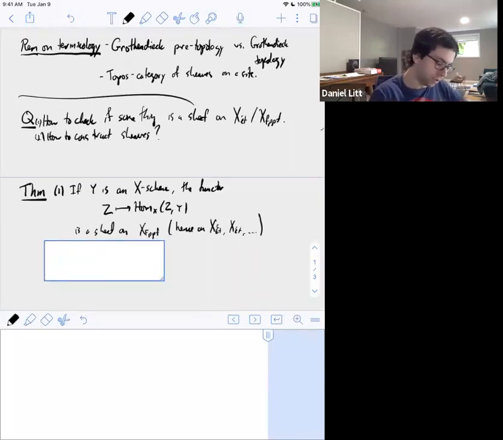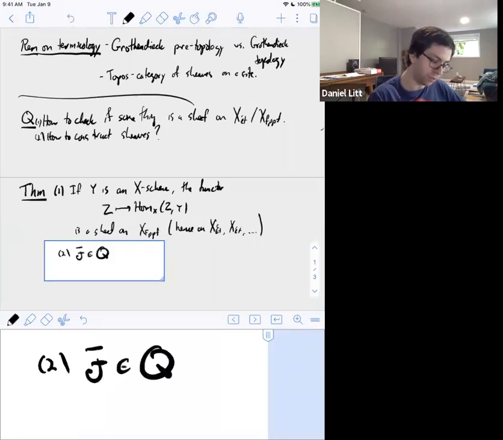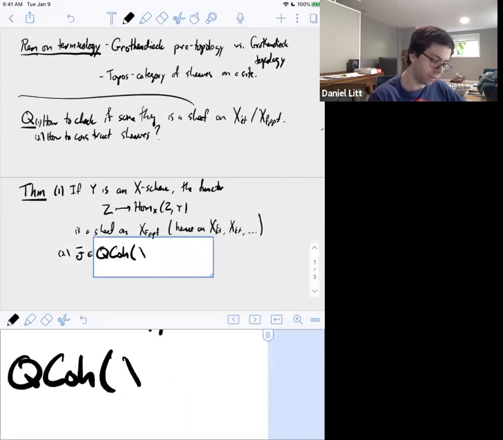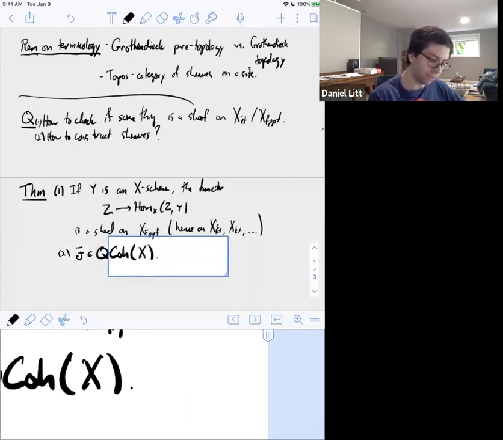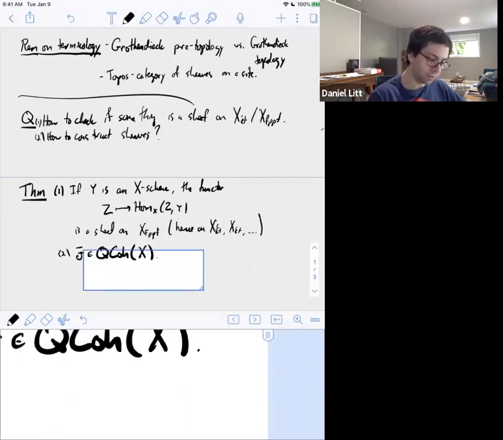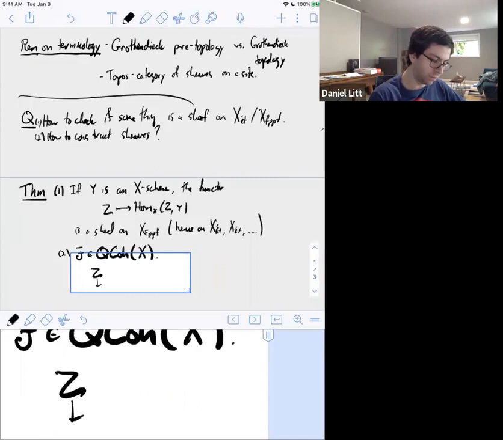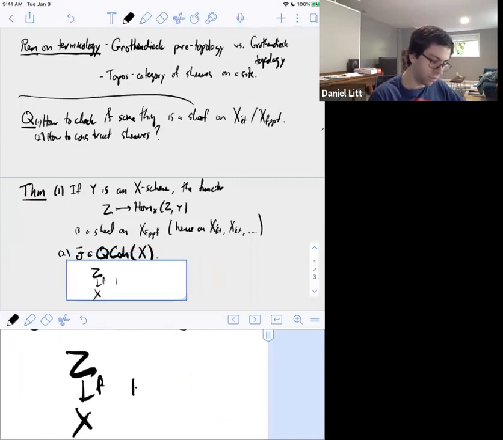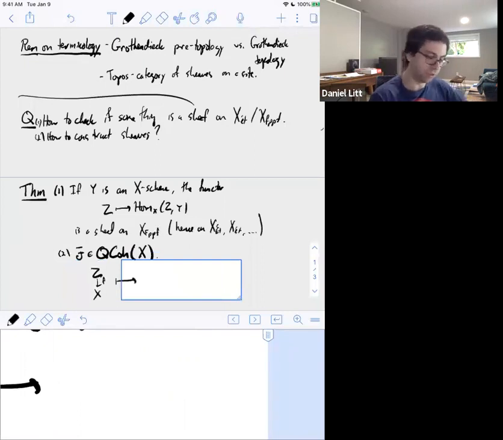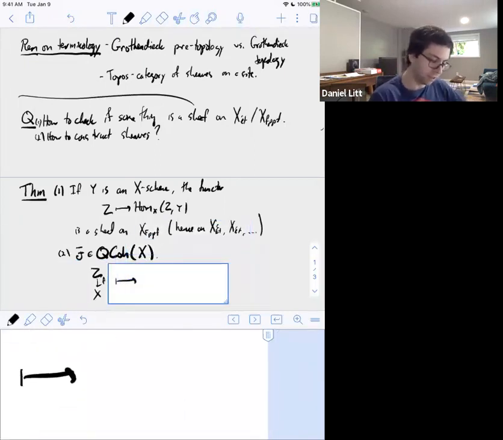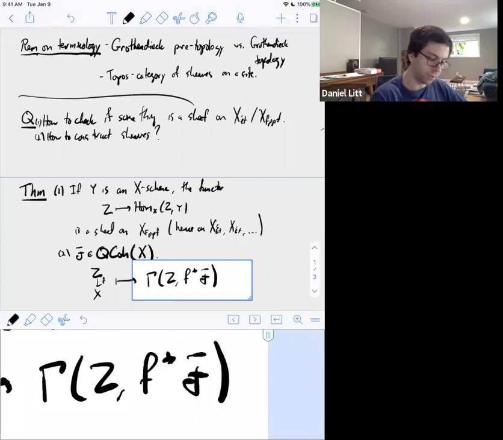This is one way of producing sheaves, and I promised you this last time that a representable functor is a sheaf. Two, suppose that F is a quasi-coherent sheaf on X. Then you can take the functor that sends a Z-scheme, let's say Z with a map f to X, to the global sections on Z of f star of F. So you pull back your quasi-coherent sheaf and then take its global sections.